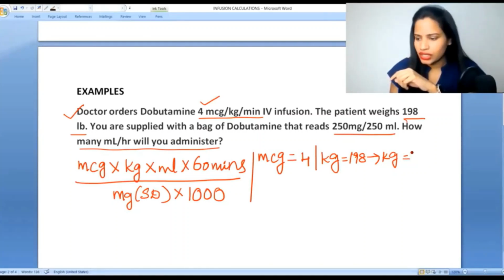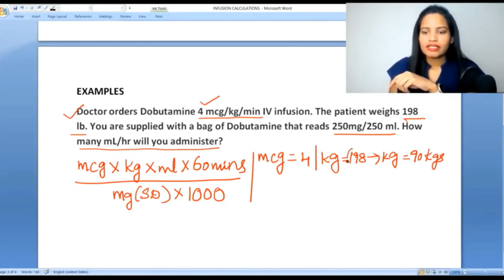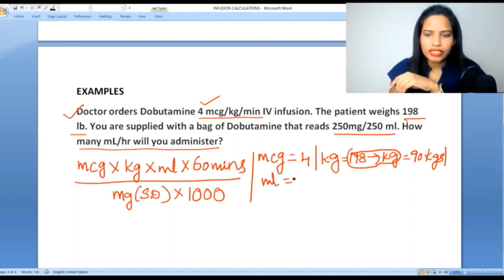That is totally, you will be getting 90 kgs. I'm sorry, so this is 90 kgs. So if we convert this into kg, then you will be getting 90 kgs. So these we can directly apply. Then what is the ml? Total amount of fluid which has been given is 250. Please do not forget to see what is ml and what is mg.